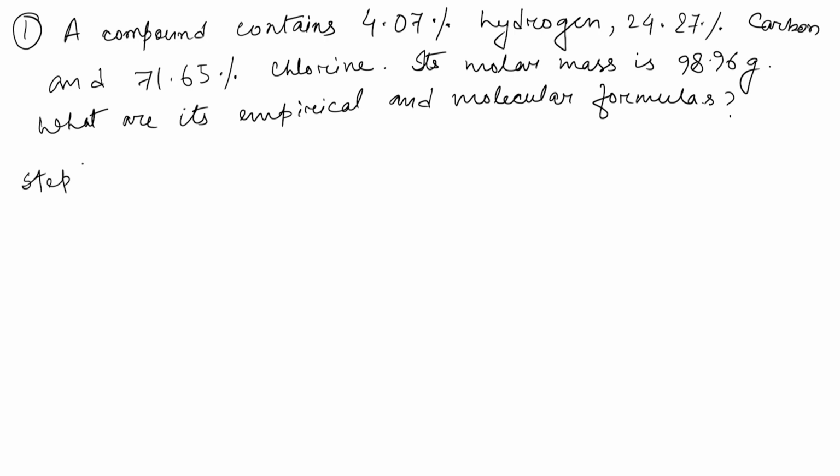Step 1 is convert percentage to mass. Okay. So, see, all the elements are given in percentage. If we consider that the total amount of the compound is 100 grams, then we can easily consider these percentages in mass, that is in terms of grams.